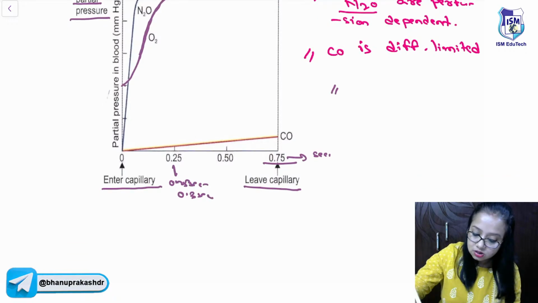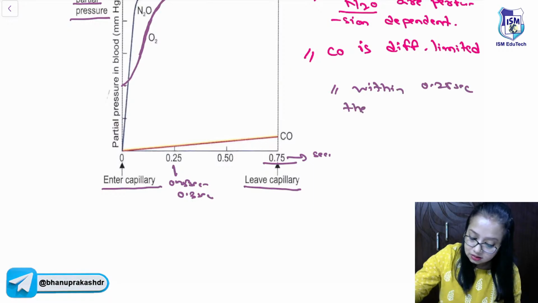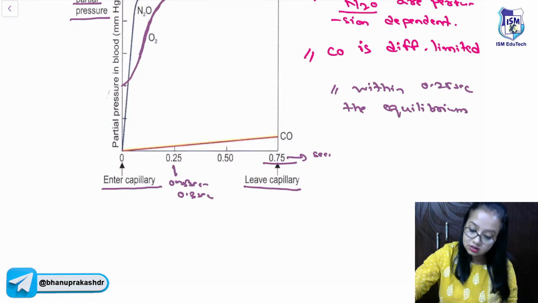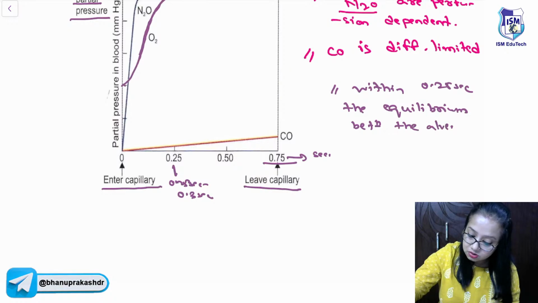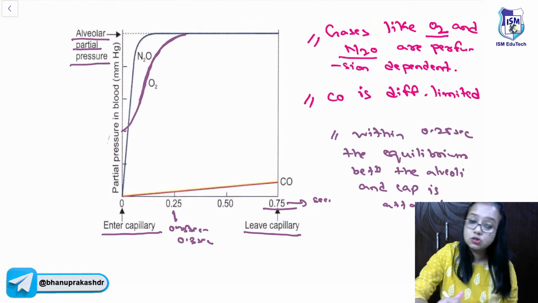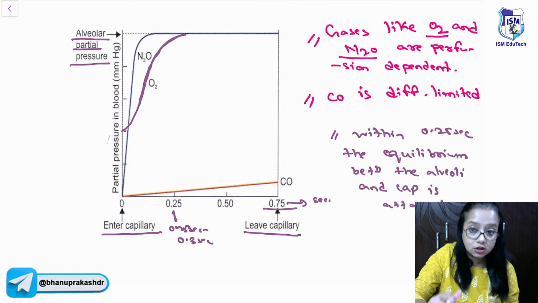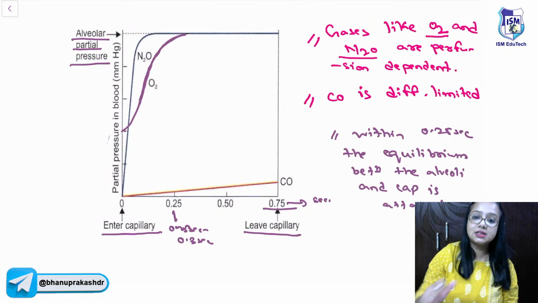So just within 0.25 second, the equilibrium, means the partial pressure concentration between the alveoli and capillary, is attained. So, diffusion does not control the oxygen that is getting exchanged.